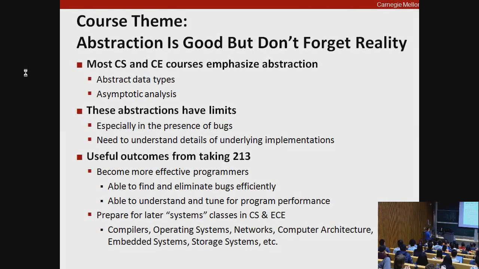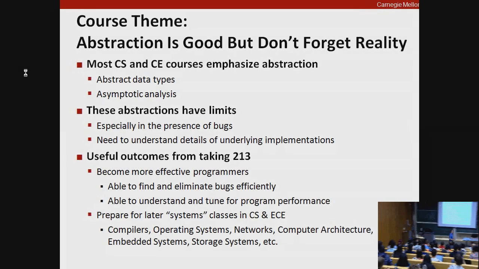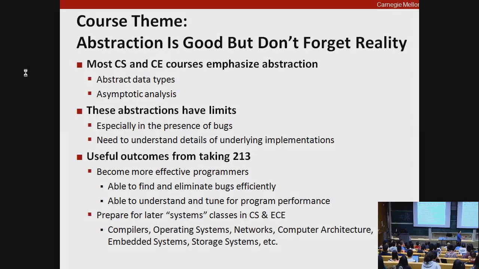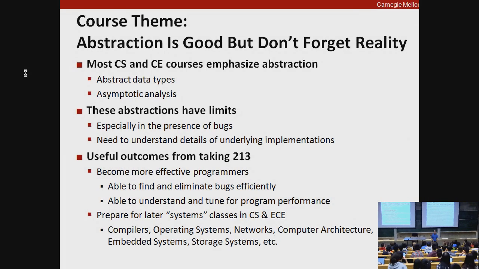Whether they're actual, real, tangible building blocks, like building a building out of concrete blocks as opposed to concrete, or code-wise building blocks like modules and libraries, or intellectual building blocks like Big O and amortized analysis.